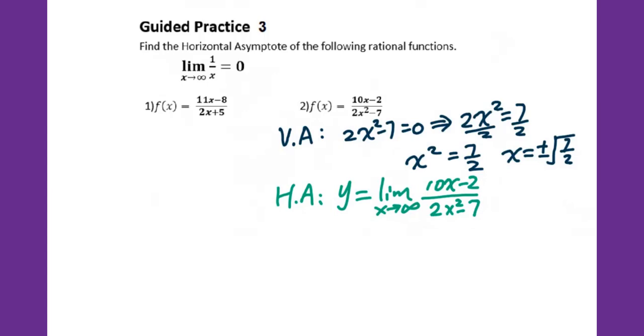The highest exponent is 2, so we divide everything by x squared.